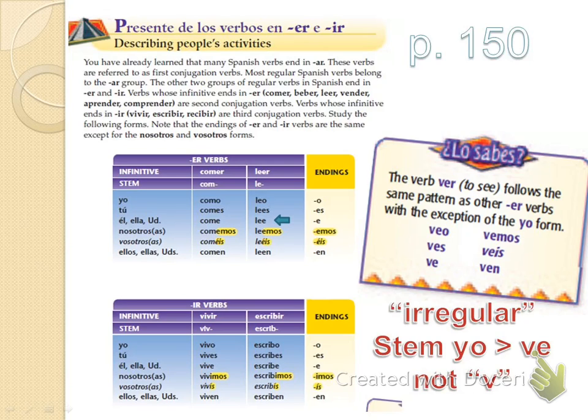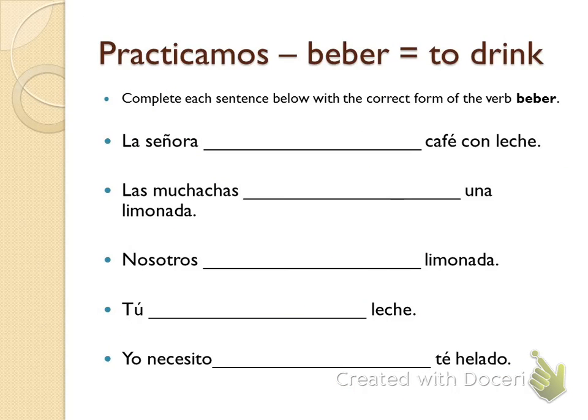So just for the yo form, the stem is VE, not V, so that it ends up looking like the rest of the conjugations here. And it sounds like it, so that's why we need that spelling change. So instead of just VO, it's going to be VEO for the yo form. So jot that down on your green list, your verb list, so that you remember that just for the yo form that change. Otherwise, it would look odd compared to the other verbs.